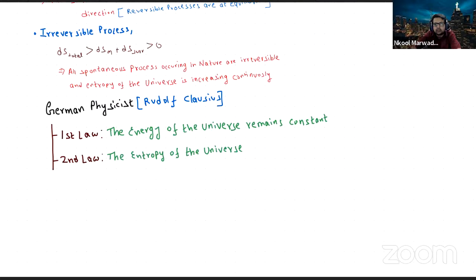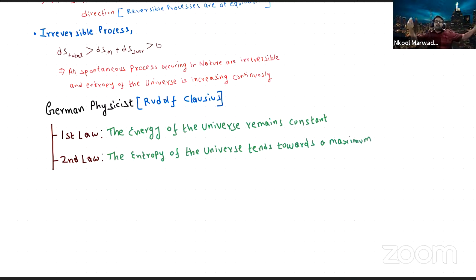Because all the spontaneous processes are leading to the increase in entropy, the entropy of the universe tends towards a maximum. So the idea is that the particles are liberating from the bondage of the bond.